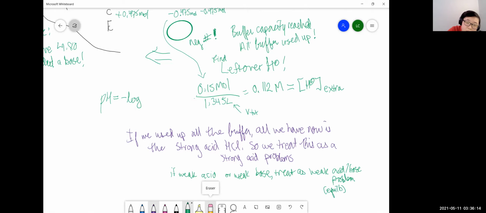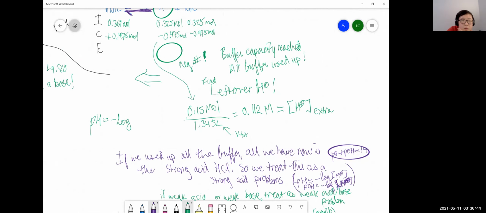If it's a strong acid or strong base, you just do pH equals negative log of H+, or pOH equals the negative log of OH-, I'm so sorry about that. And pH plus pOH equals 14. So you can use those relationships.